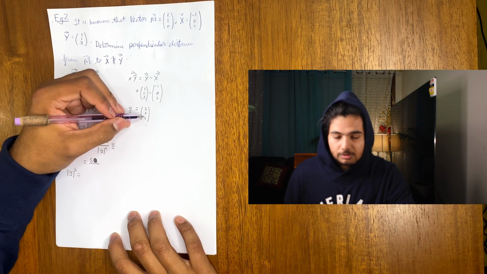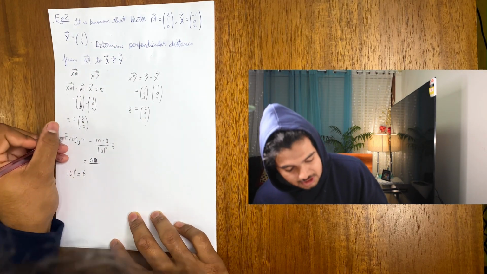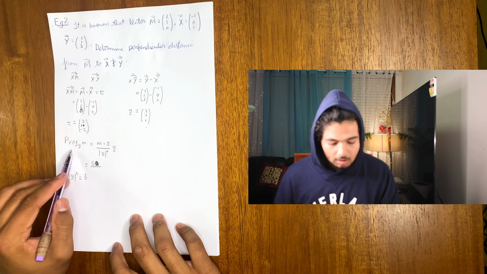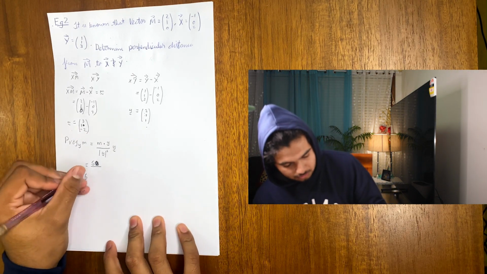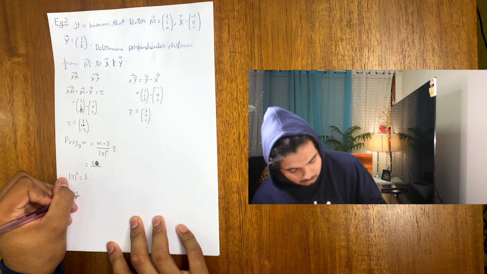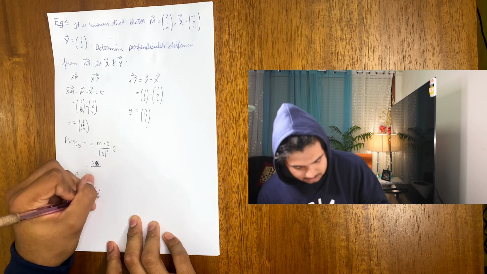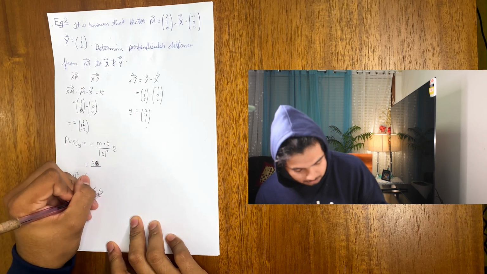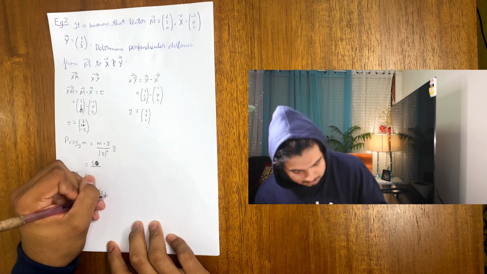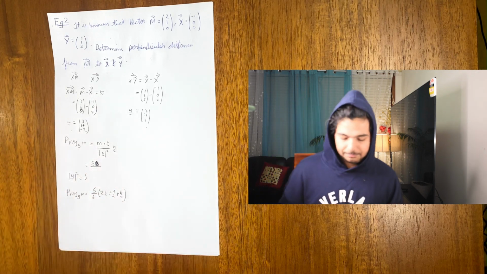So root 6 multiplied by root 6 is 6. So the vector projection of y onto m will then be 5 upon 6, multiplied by 2i plus j plus k.